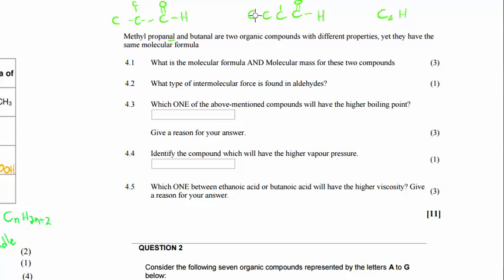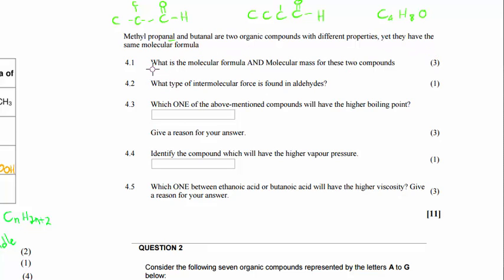Then each carbon has 2 hydrogens, okay, except for, so there's 2 hydrogens per carbon, except for the first one has 3, so there's 2, 4, 5, 6, 7, 8 hydrogens, and 1 oxygen.